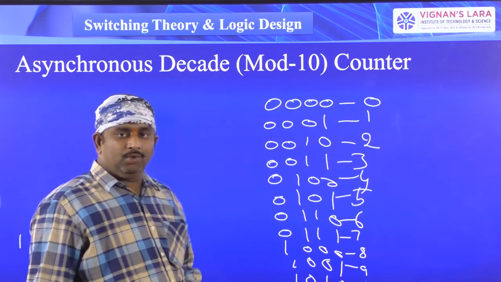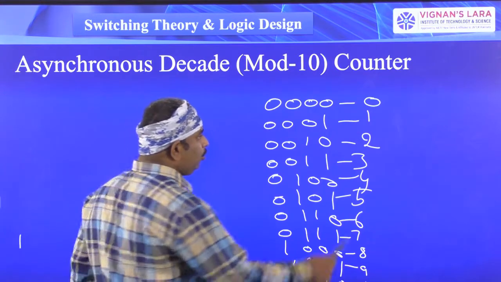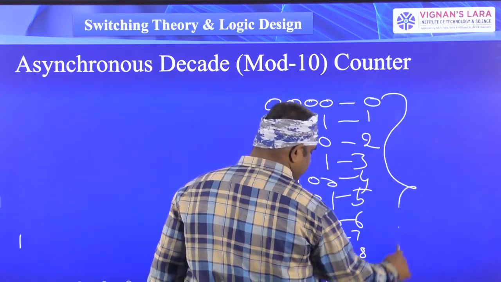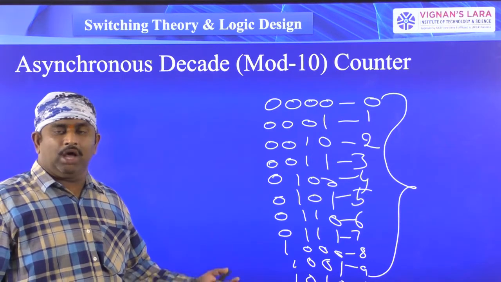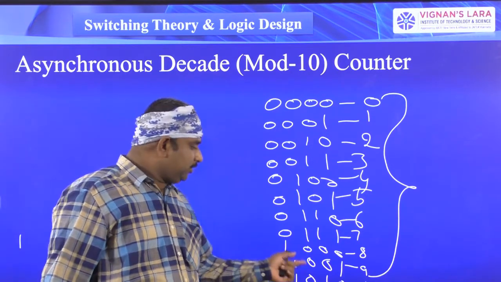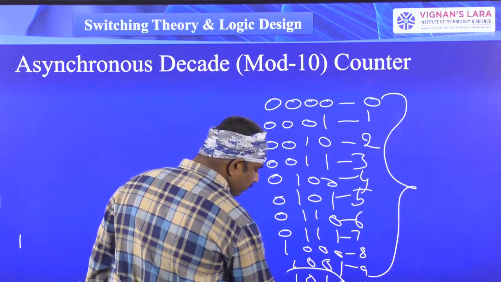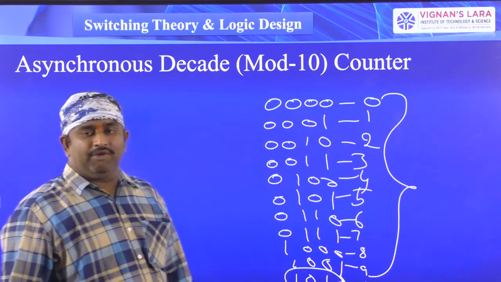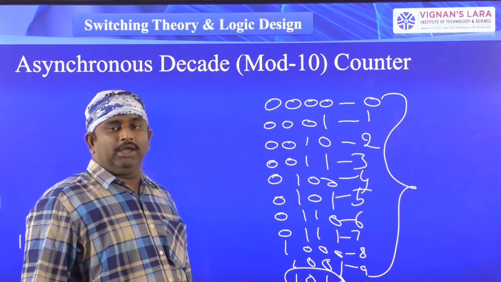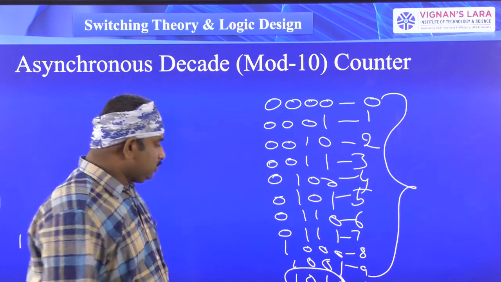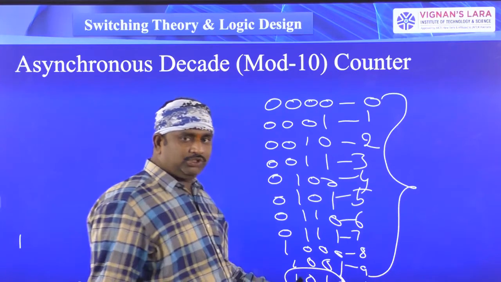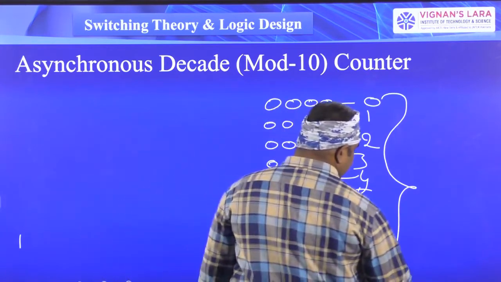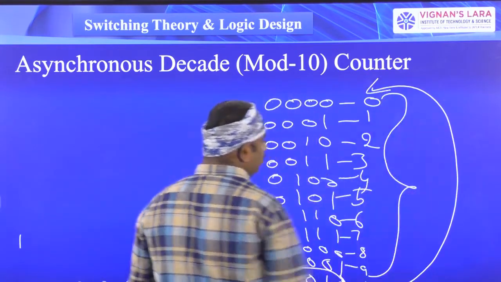Here we have to design a counter which performs the counting from 0 to 9. Whenever it reaches the 1010 count, the decimal 10 count, it should go to 0 again.